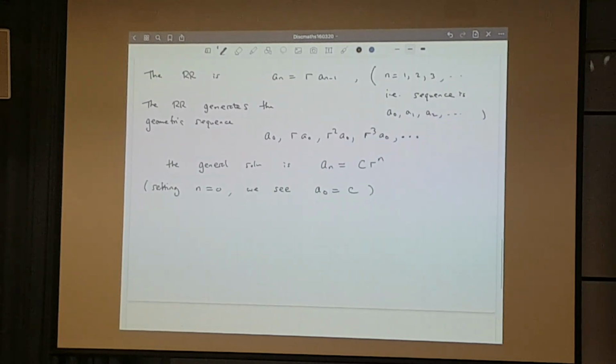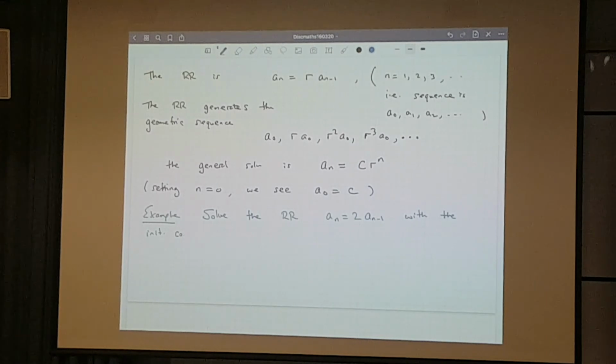Okay, so another quick example, just to make sure we all know what we're talking about. Solve the recurrence relation a_n is 2 a_(n-1) with the initial condition a_0 is equal to 5.